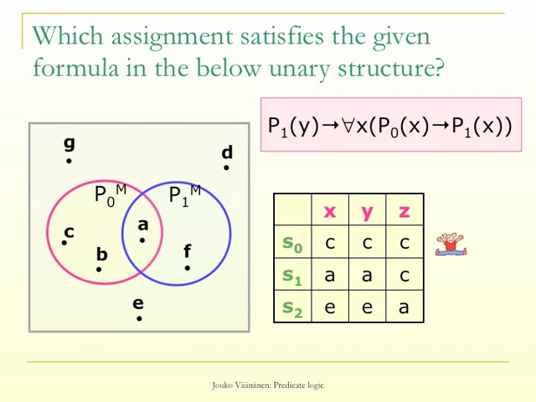So with S1, the hypothesis is true but the conclusion is false, so S1 does not satisfy the formula. Finally, S2: y gets the value e, which is not in P1. So again, there is an easy solution: S2 satisfies the implication because it doesn't satisfy the hypothesis.